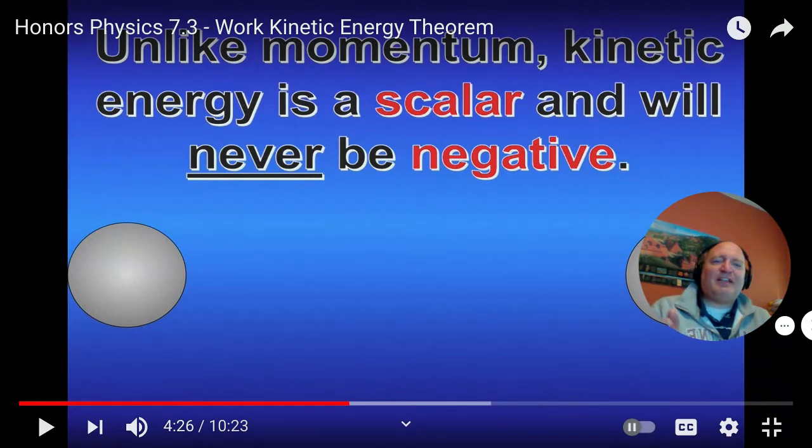So I really love what he's doing here. He's like, look, you guys, there are some things we really need to keep our eyes out for. I told you that work could be negative because sometimes you're adding energy to the system and sometimes you're taking it away. But trust me, kinetic energy, 1/2 mass times velocity squared, is always positive. Mass is always positive. Velocity squared is always positive because it's squared. So trust me, this is something you can count on.